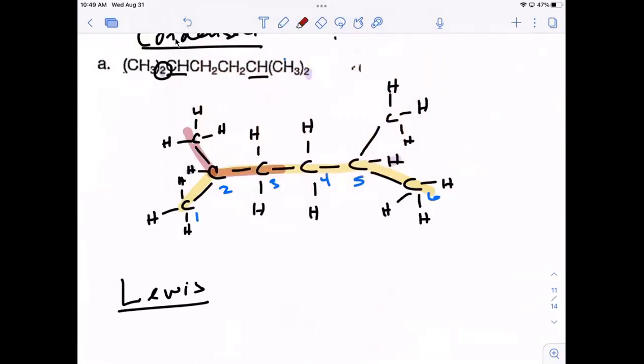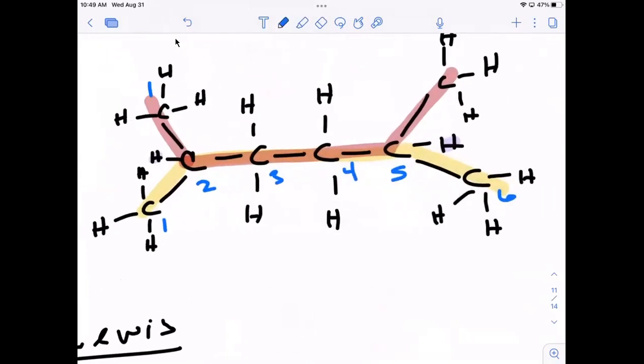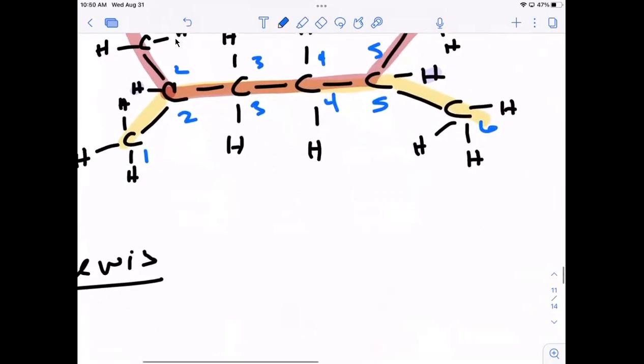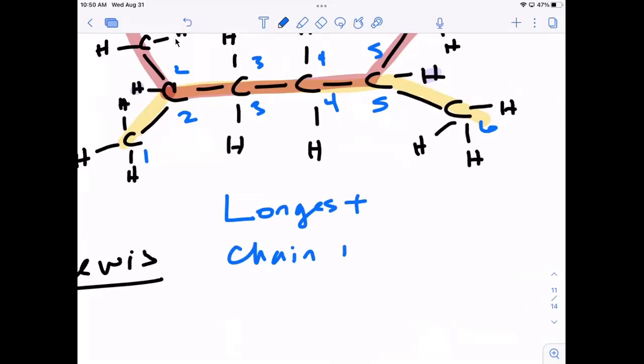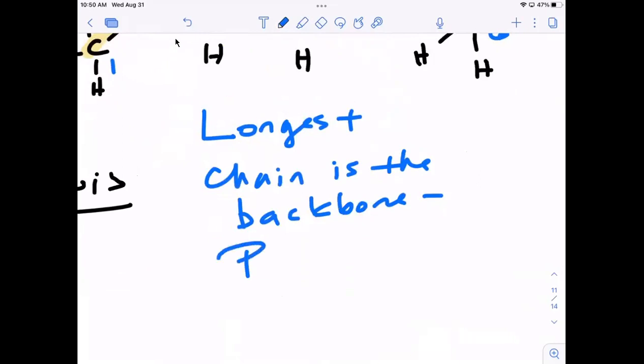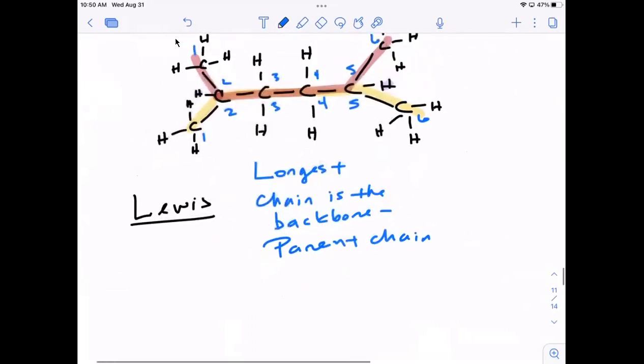So if I change the color of my highlighter and go that way, that's still 6 carbons. 1, 2, 3, 4, 5, 6. So it's the longest chain that we call the backbone. Another term for that is the parent chain. So that's the parent chain.